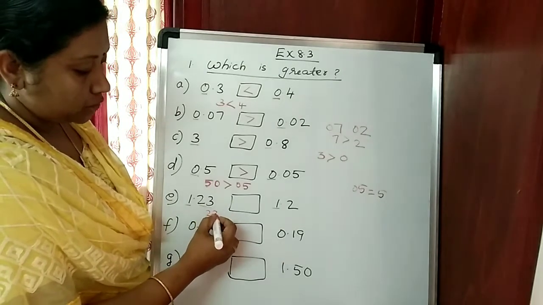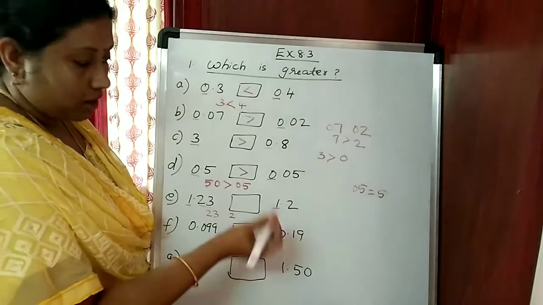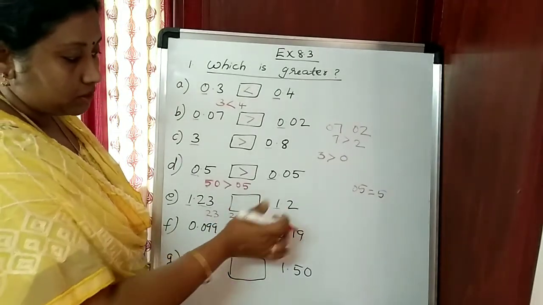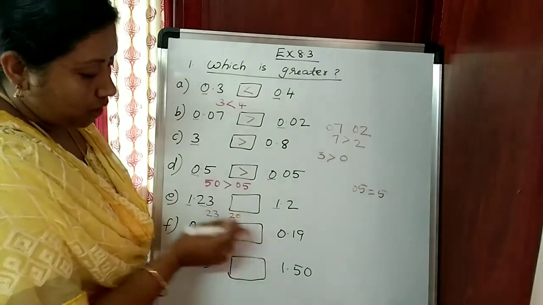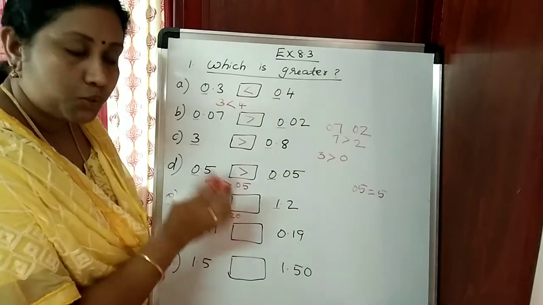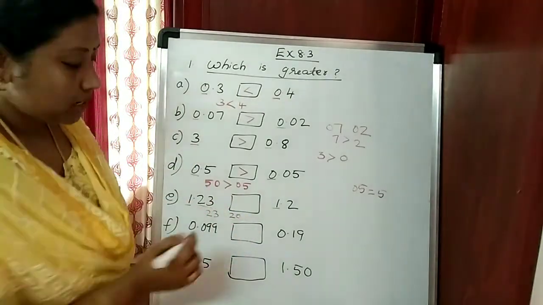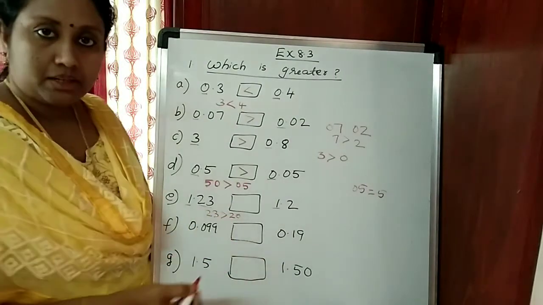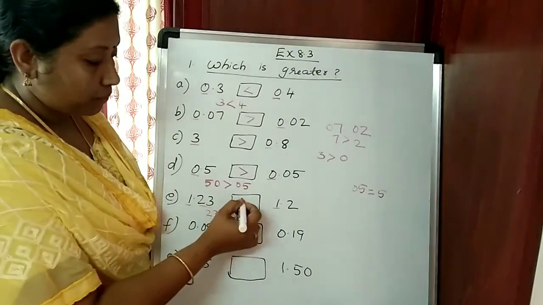When we compare 23 and 2 only, how will you convert this into like decimals? Simply you put 1 0. Now both decimal places having how many digits? 2 digits. Then you compare 23 or 20. Which one is greater? 23 is greater.